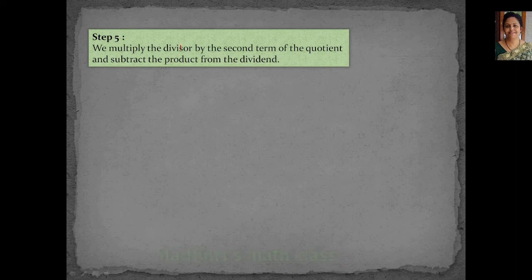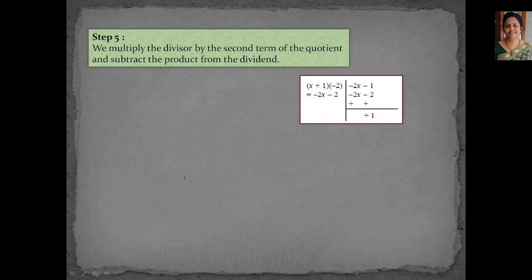We multiply the divisor by the second term of the quotient and subtract the product from the dividend. So here the second term of the quotient is minus 2. So x plus 1 into negative 2 is negative 2 into the first term of the divisor x, that is negative 2x, plus negative 2 into 1, that is minus 2. So you will get minus 2x minus 2.